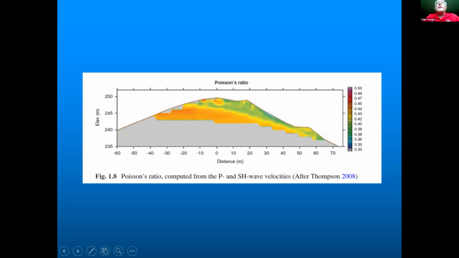This blue-green stuff is about 0.4, 0.42. Poisson's ratio ranges from 0 to 0.5, and the higher the Poisson's ratio, the less rigid the material is. Again, you can see this big boundary right through the middle of the landfill, which is kind of interesting.